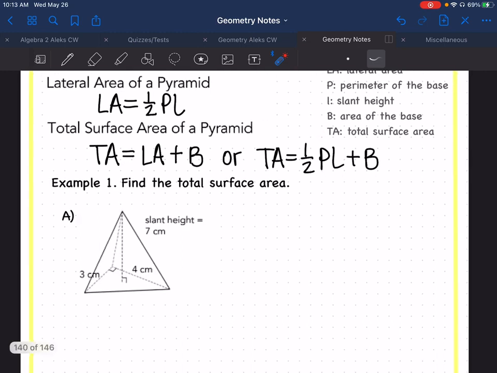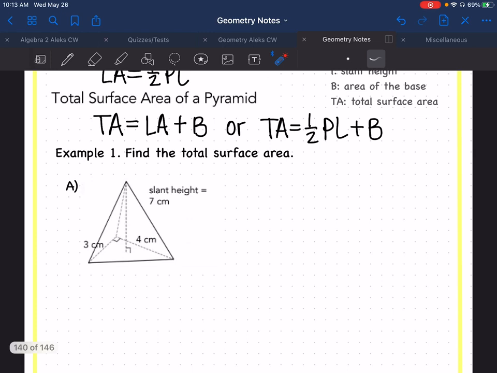All right, so for example 1 here, they want us to find the total surface area. I'm going to go ahead and highlight that. Remember that if Alex just says find the surface area, it always wants the total surface area.